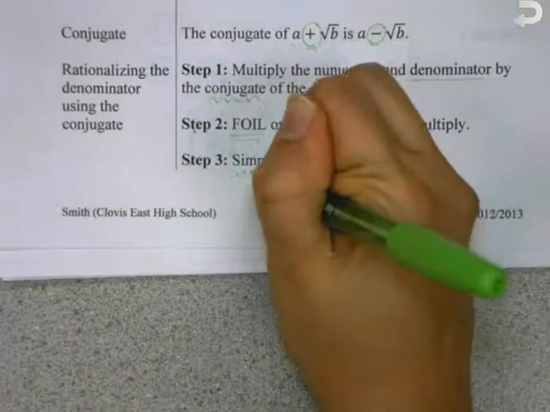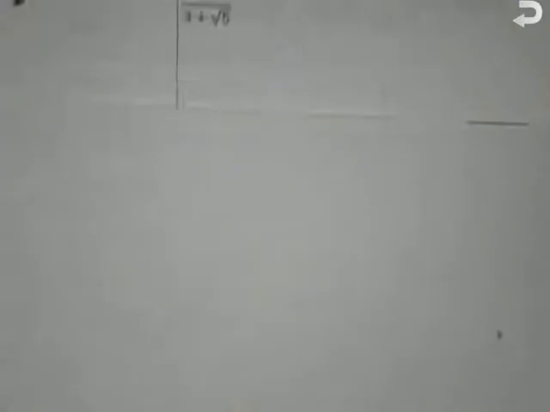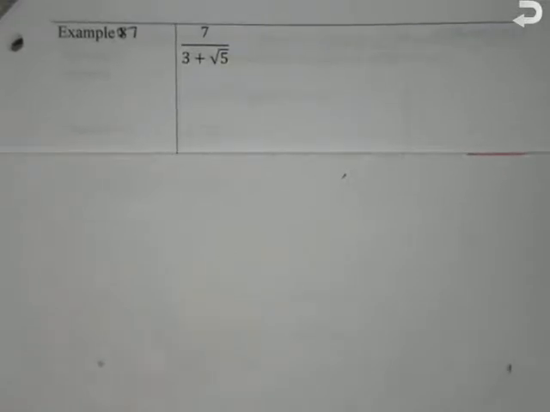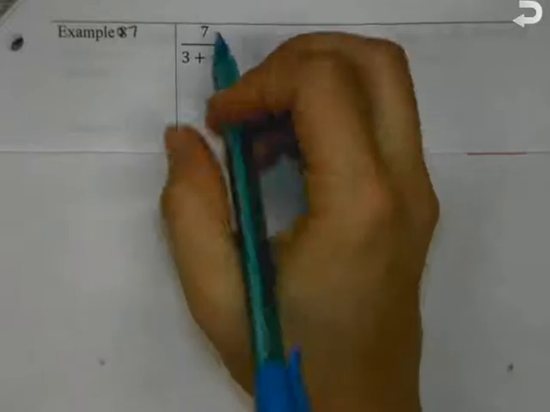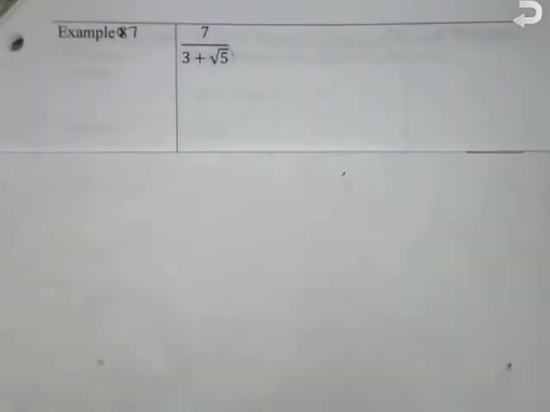Alright, so example 7. We have 7 over 3 plus root 5. So I still have a root in the denominator, but this time it's being added. So I can't just multiply by square root of 5. I need to change that entire denominator. So I'm going to multiply by the conjugate.